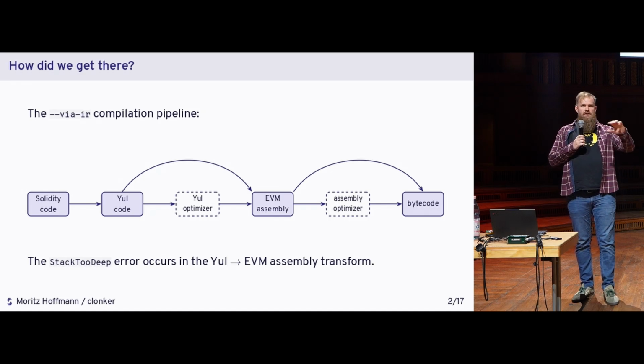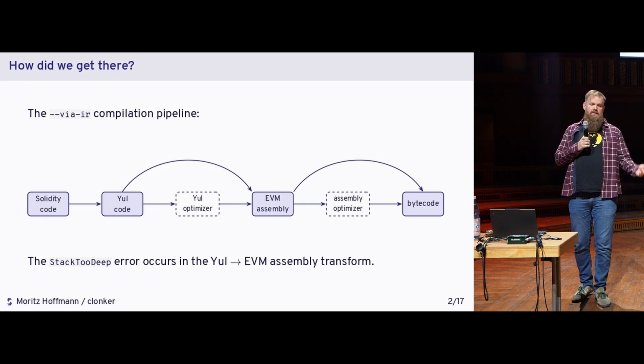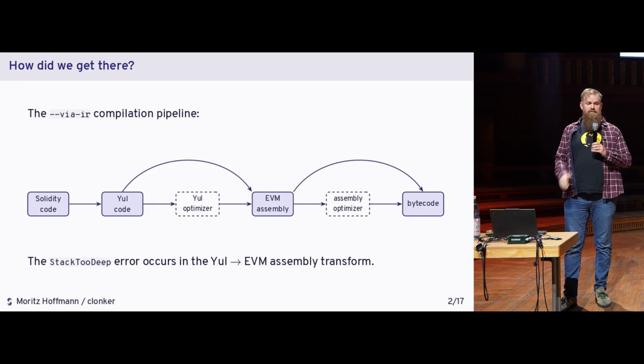And then potentially in the middle, we have a Yul optimizer, which will at that level of abstraction perform some optimizations which will give you gas benefits and such, and then we end up at EVM assembly. The stack too deep error itself occurs at the step from the Yul optimizer to EVM assembly, or from Yul code itself to EVM assembly.